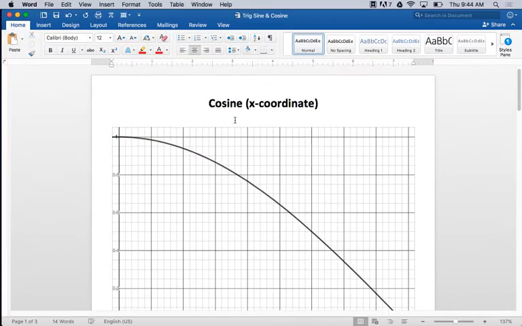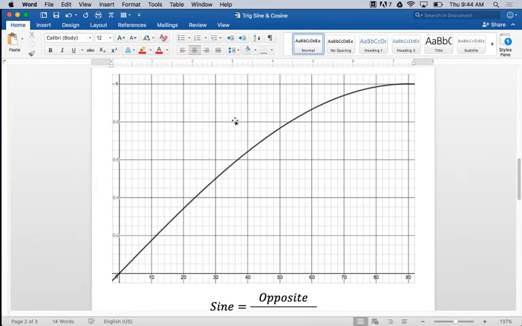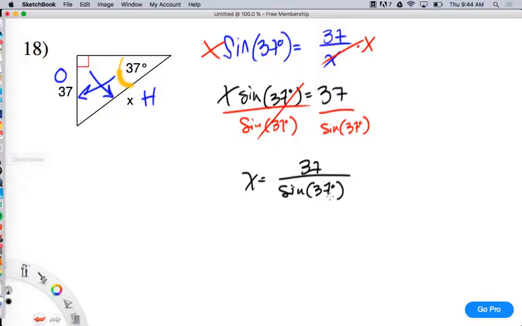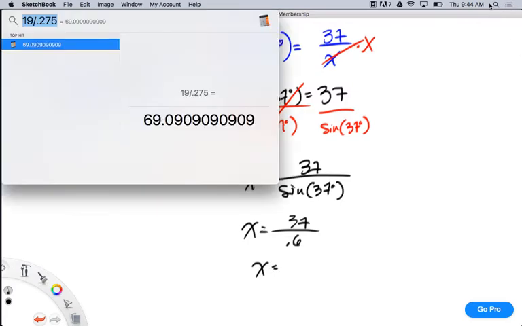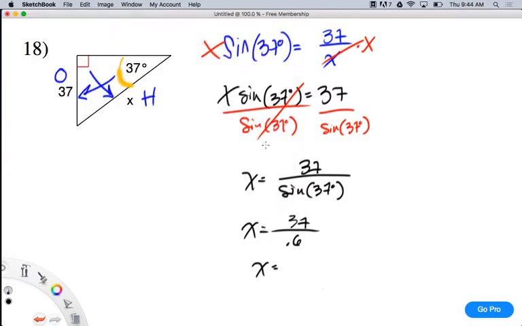Go to our graph, find 37, right there, 0.6. So x equals 37 over 0.6, or x equals 61.7.